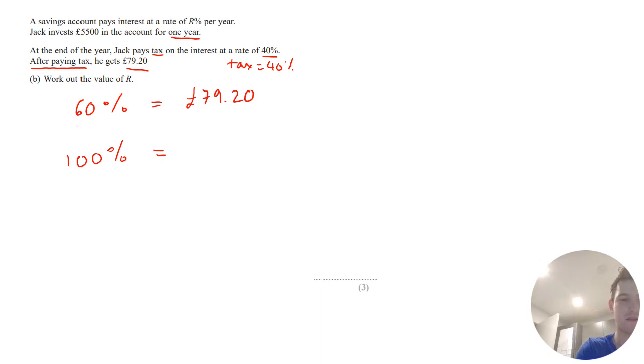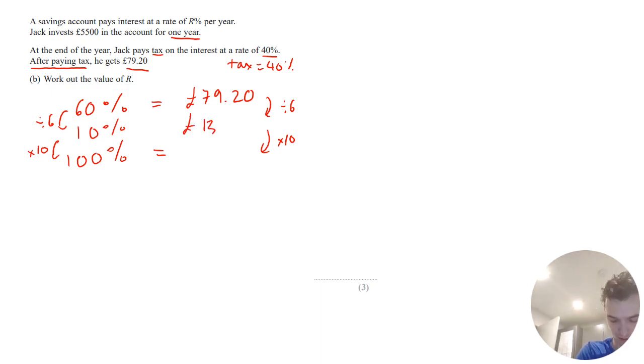I can find out what 10% is first by dividing by 6 and then timesing by 10. So if you do this, 10% was £13.20 and 100% was £132. So £132 was the interest. Now we need to find out what that is in terms of a rate.